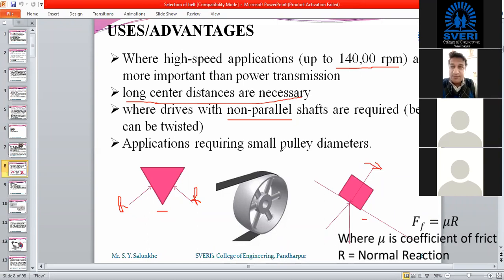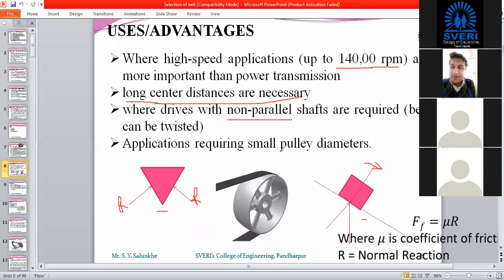After some days, the V belt actually got cut because of the eccentricity in the pulleys, and it was required to be replaced frequently.